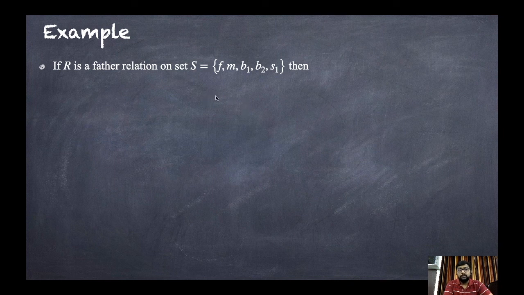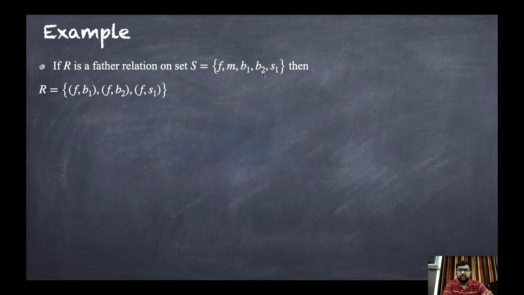So if R is a relation, then S contains 5 elements, so R is a subset of S cross S. Maximum in S cross S there will be 25 elements or 25 ordered pairs. But here the specific R is given as the father relation. So what will be R? F is the father, and B1, B2 and S1 are his sons or daughters.